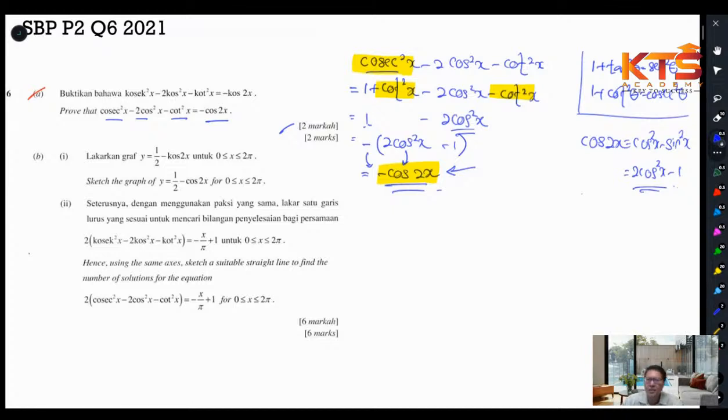Okay, the second question is B1, sketching graph. Here is a 6 marks question. Sketch the graph y equals to this. I will start with y equals to cos x. The graph is like this. That's the basic thing I know. So this is 2 pi.